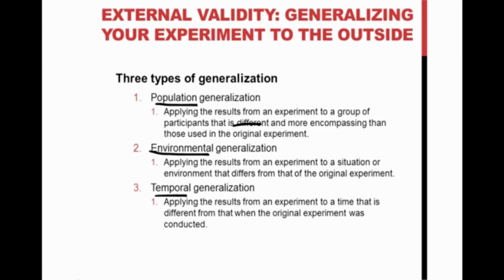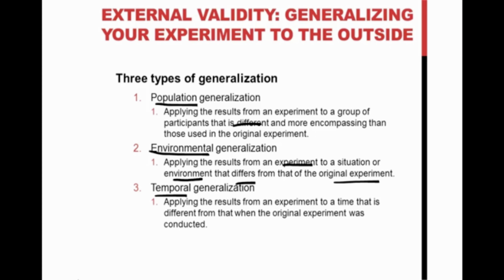Another method of generalizing includes environmental generalization. That is, applying the results from your experiment to a situation or environment that differs from the original experiment. For example, let's say in your third study that you are producing results related to memory, and you're doing so within a classroom. That is possible for you to do in your third study.